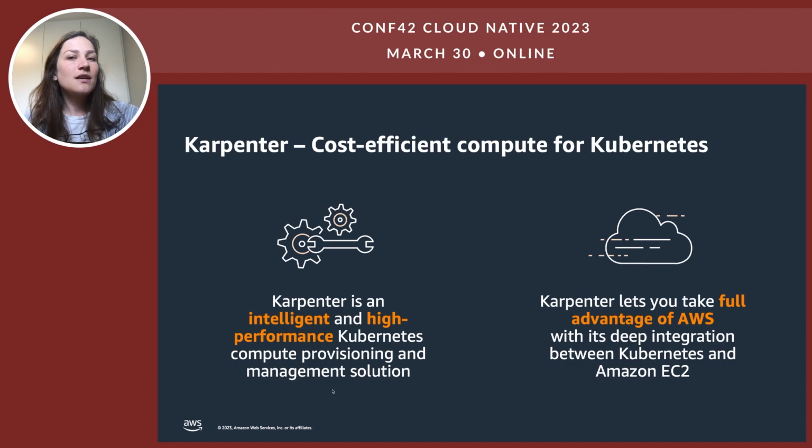So you can take advantage of all the EC2 instance options available and reduce much of the overhead that Cluster Autoscaler had. Karpenter has lots of cool features, but I'm going to dive specifically into the features that are related to managing the underlying compute.